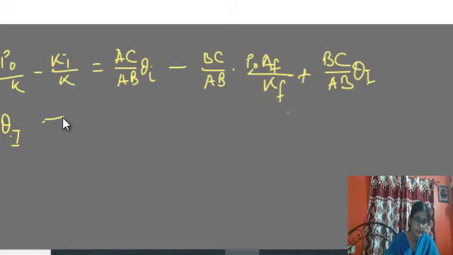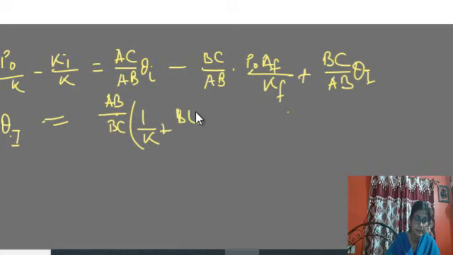So theta I equals, just check, AB by BC into 1 by K plus BC by AB into AF by KF.